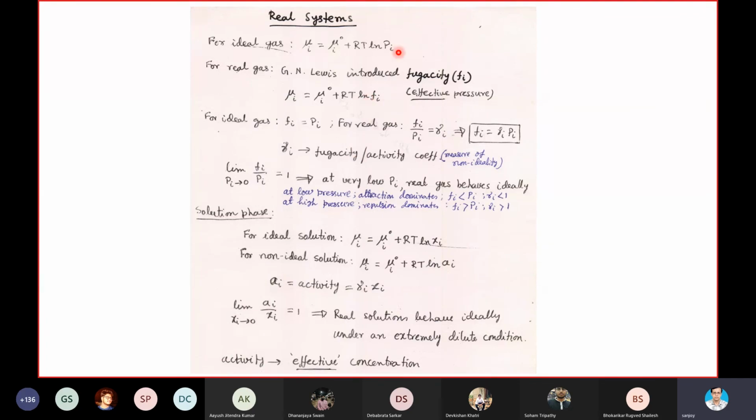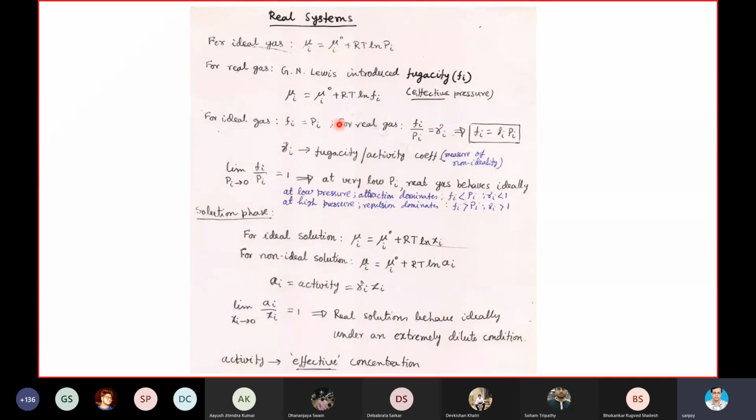In general, since the idea is to retain the simplicity of the equations, the form of the expression stays similar. So he writes mu equal to mu 0 plus RT log, but instead of pressure, he uses another symbol and calls the effective pressure fugacity, F_i. What is this fugacity then?